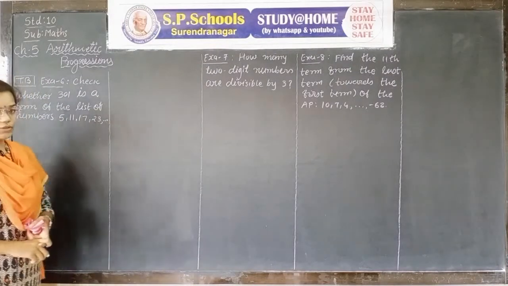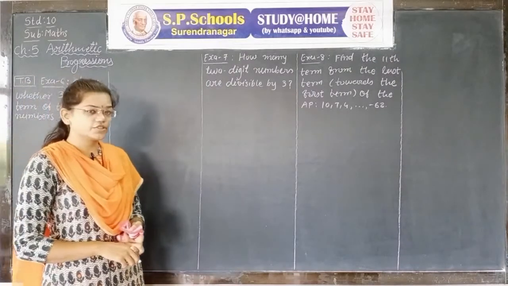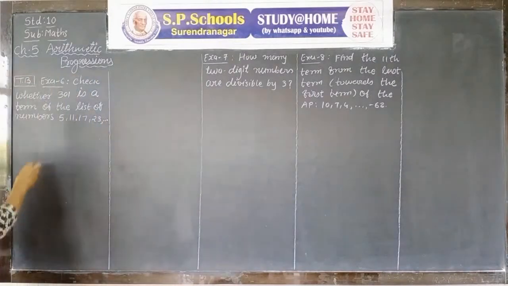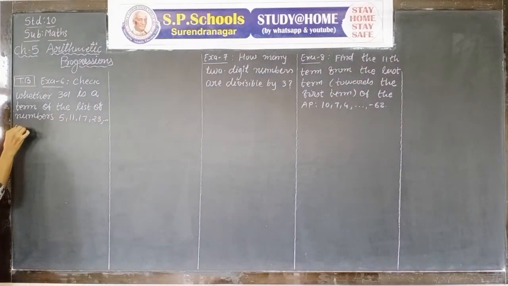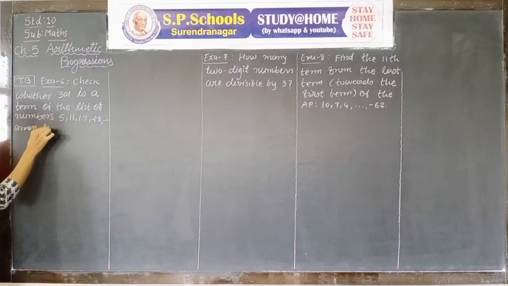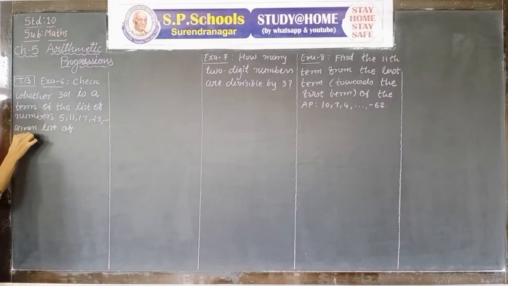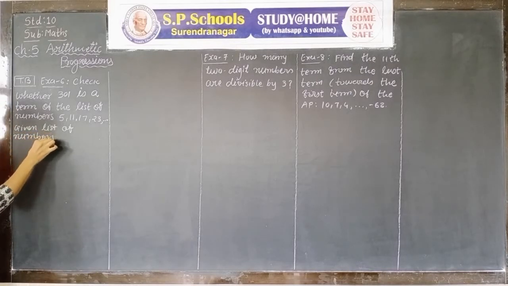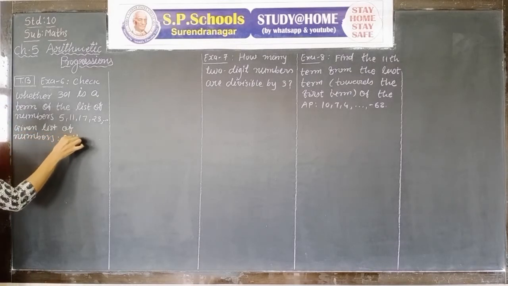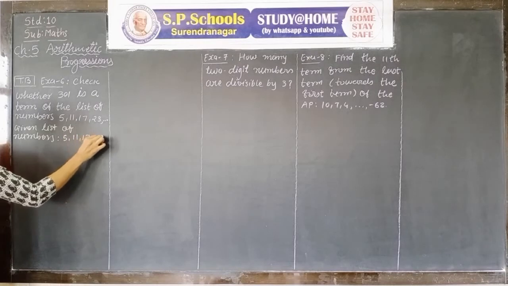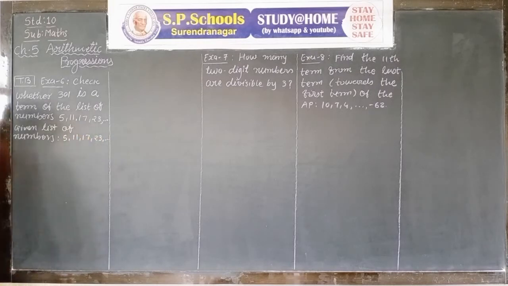Then first of all we have to check whether the given list of numbers is an AP or not. Given list of numbers 5, 11, 17, 23 up to infinity.